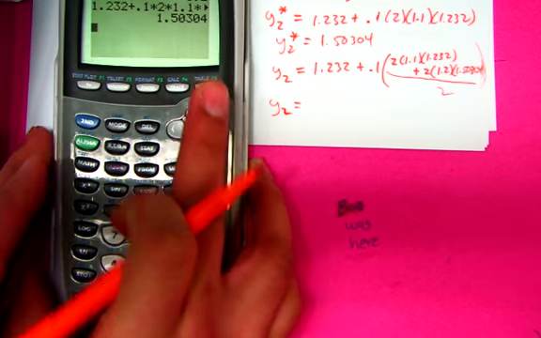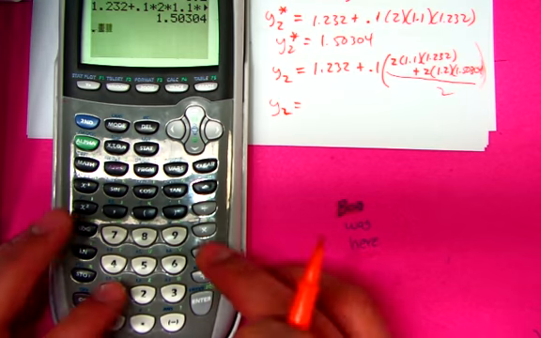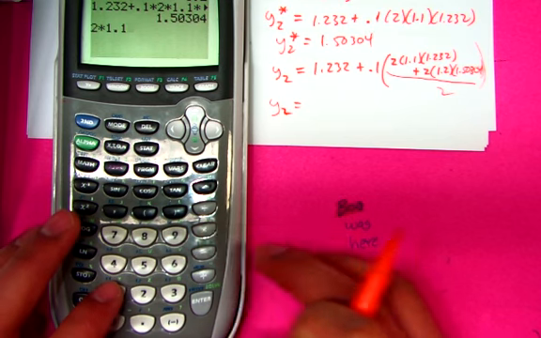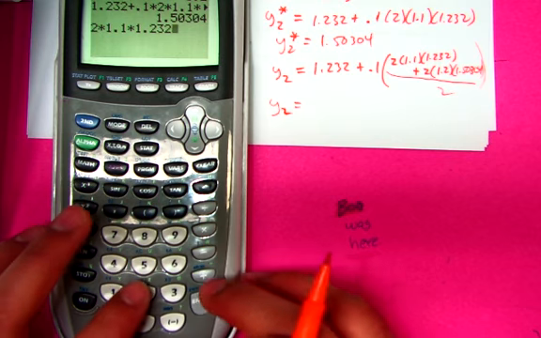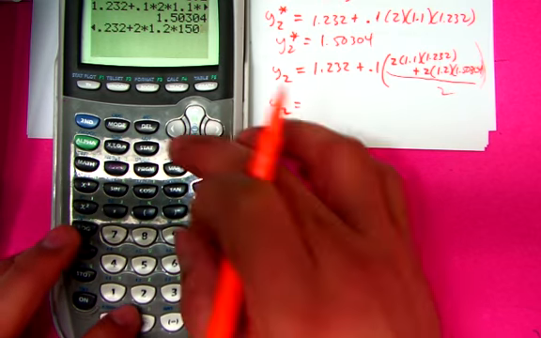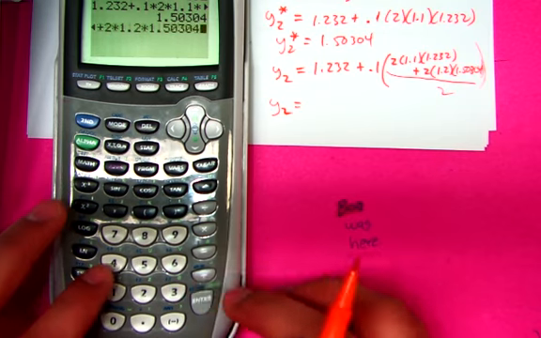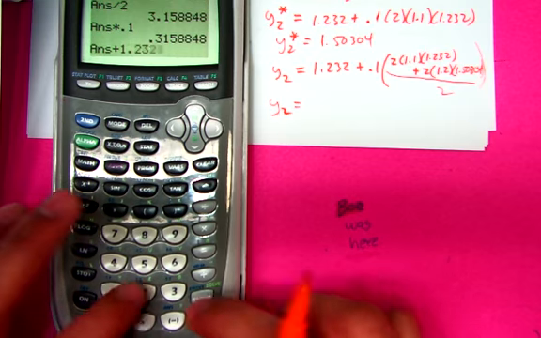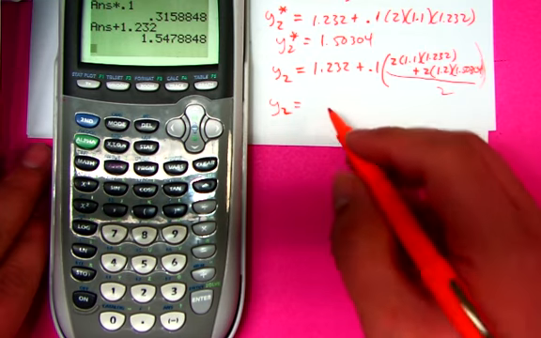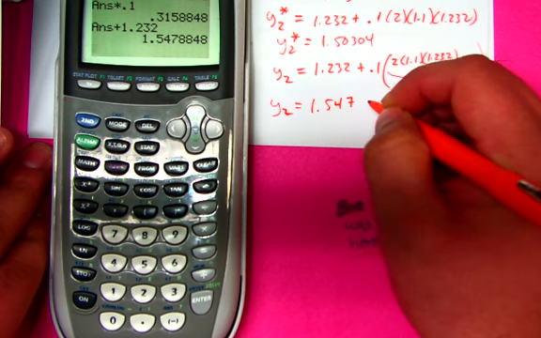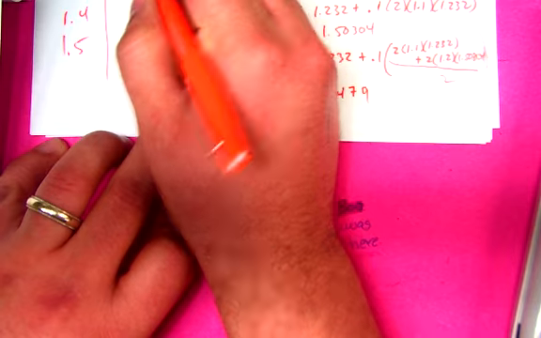Let's just do it: 2 times 1.1 times 1.232 plus 2 times 1.2 times 1.50304. Is that what you guys got? You get 1.5479 or so, and so on and so forth.